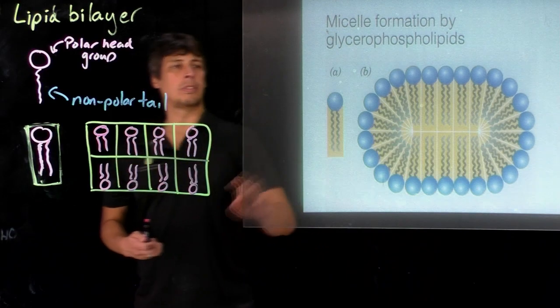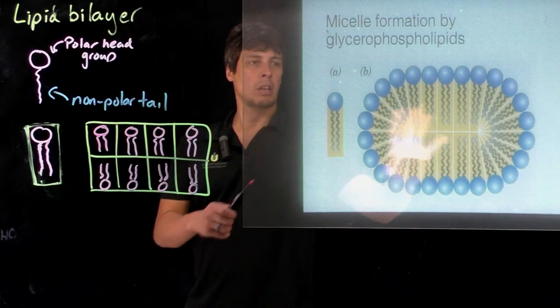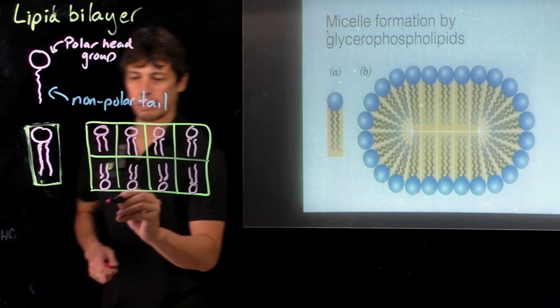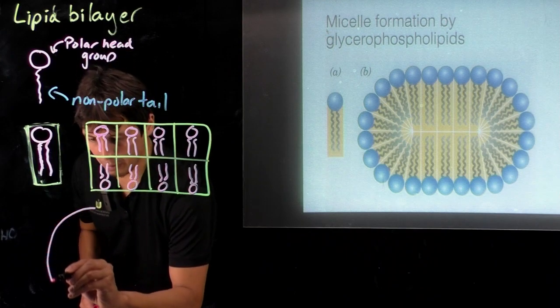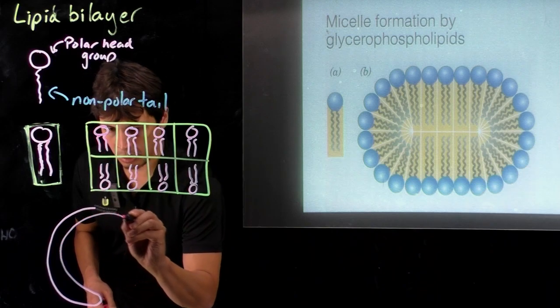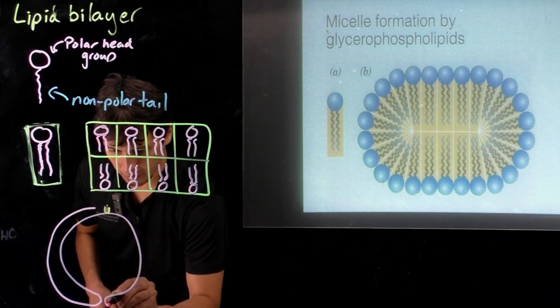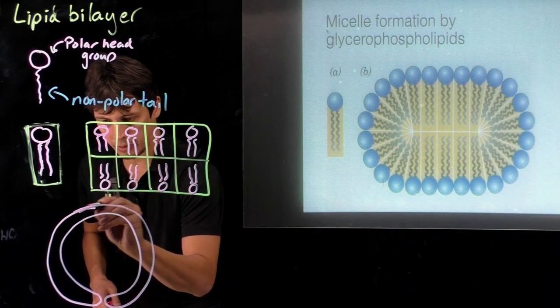And so if you extend this again to micelle formation by these glycerophospholipids, you can see this oval shape, but if you extend the oval shape, you can extend this all the way around until they connect. Right?